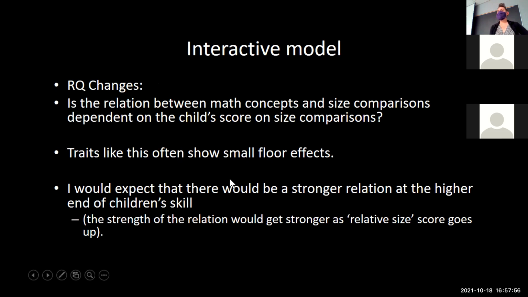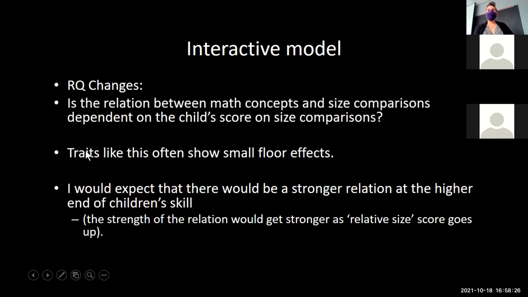It's because traits like this one often show floor or ceiling effects. The thing about studying child development is that we're studying things that are just starting to happen or that they're mastering. So sometimes we have pile-ups on either end. When we have a pile-up on either end, we tend to have weaker relations between things because there's nothing that individualizes or differentiates between them.